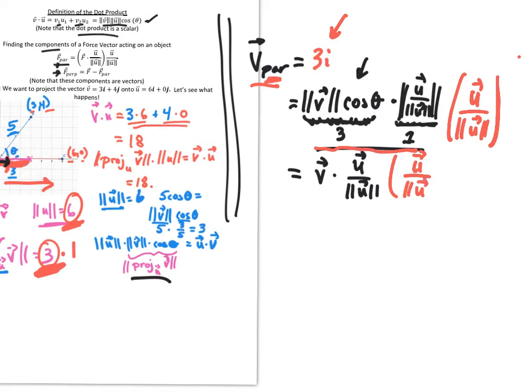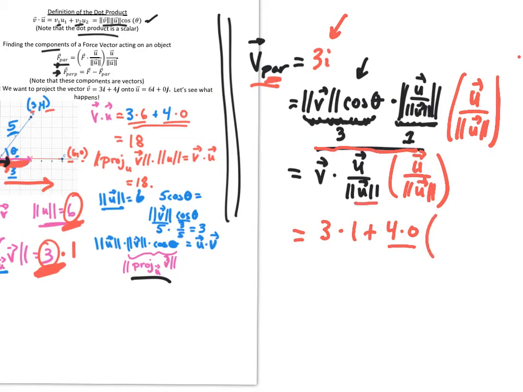And this is where that formula comes from. So let's see what this means. If I take 3 times the unit vector, it's going to be 1 plus 4 times 0, because the unit vector is just in the horizontal direction.